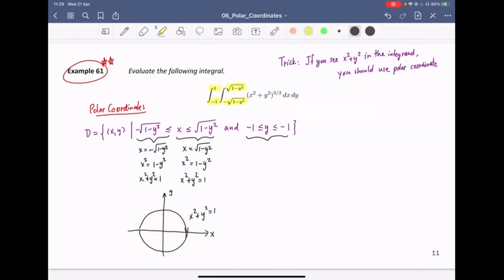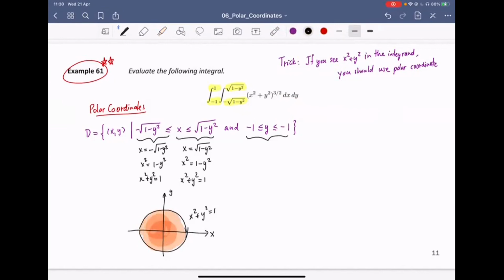If I use the whole circle here, is this the same thing as we want in the integral?